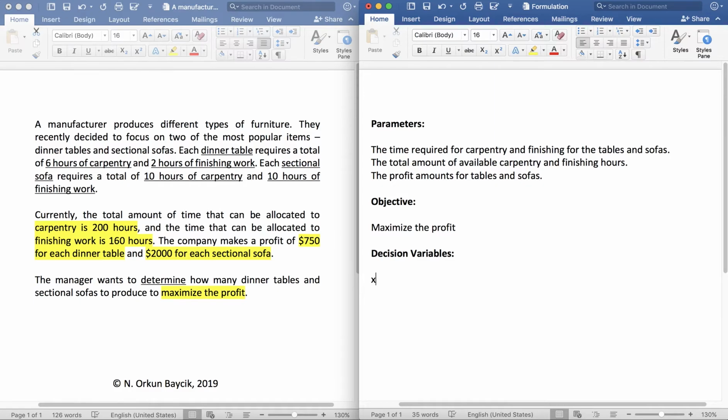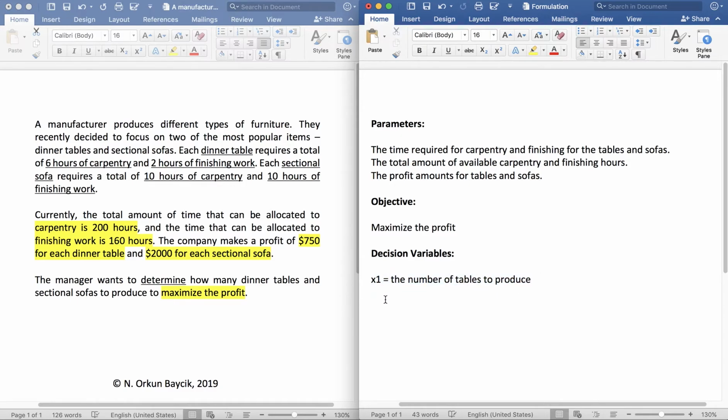So what I do for this is to define a decision variable, x1, which represents the number of tables to produce. Okay? The number of tables to produce is x1.